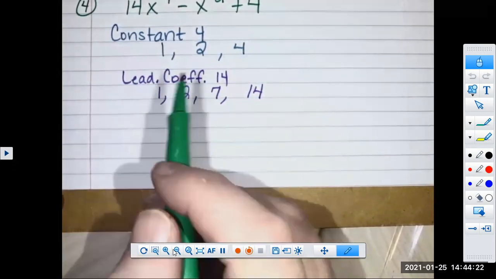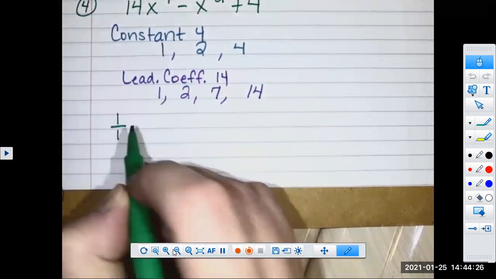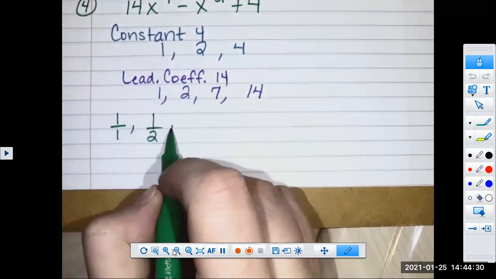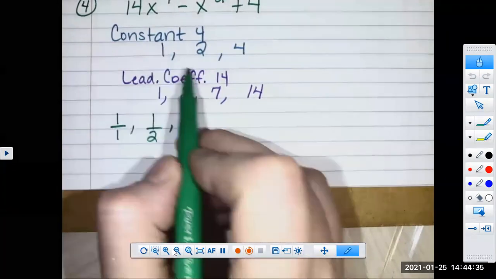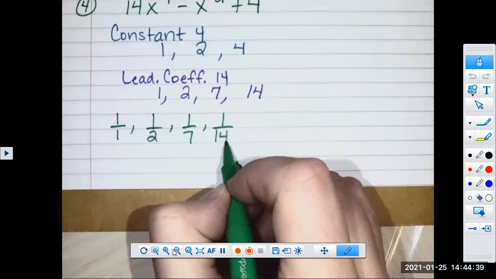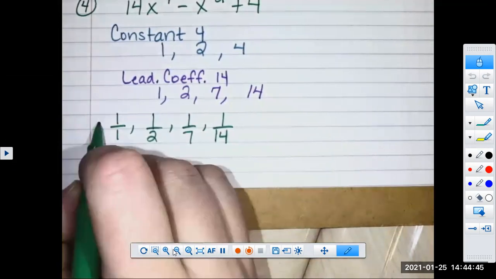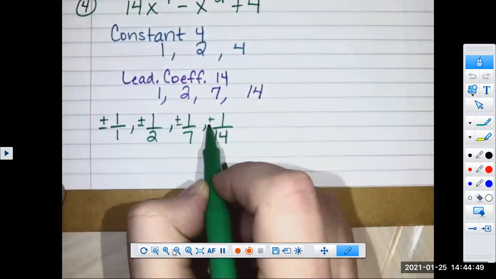So like I'm going to take 1 and set it over 1, take 1 and set it over 2, 1 and set it over 7, 1 set it over 14. And of course, all of them are positive and negative.